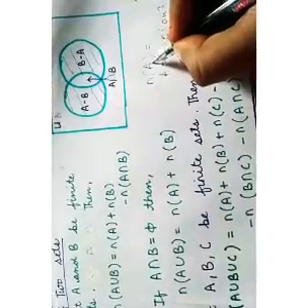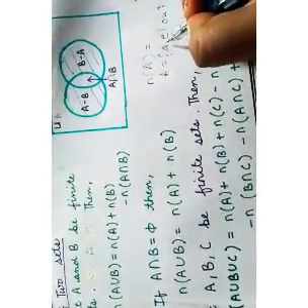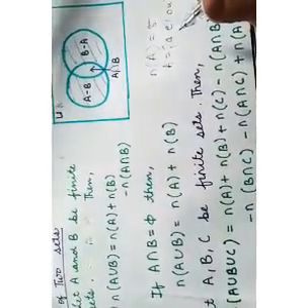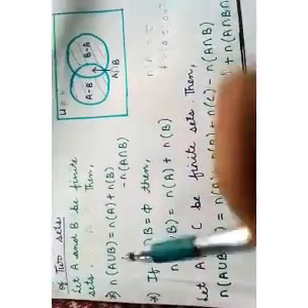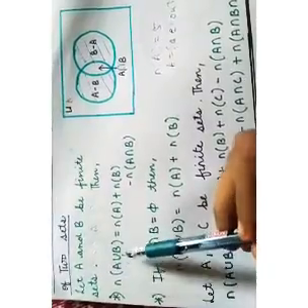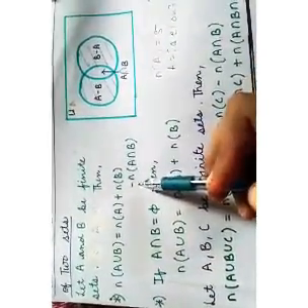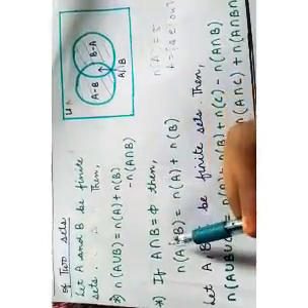Then n of A will be, how many elements are there? 1, 2, 3, 4, and 5. So n of A is equal to 5. The first formula is n of A union B equals n of A plus n of B minus n of A intersection B.